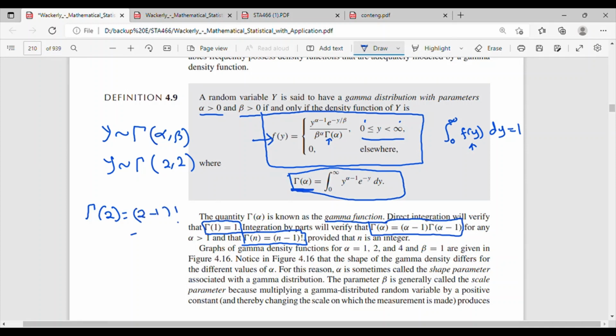So you will get 1 factorial, which is 1, the value.